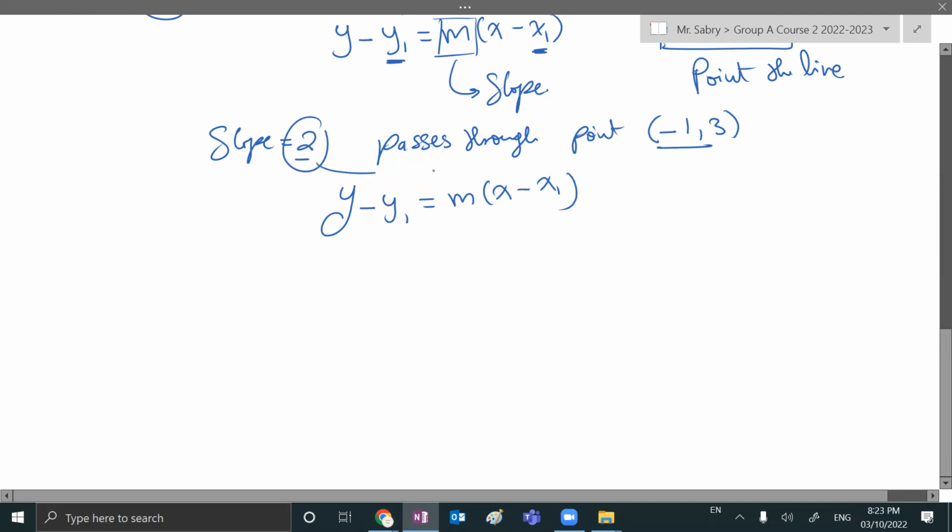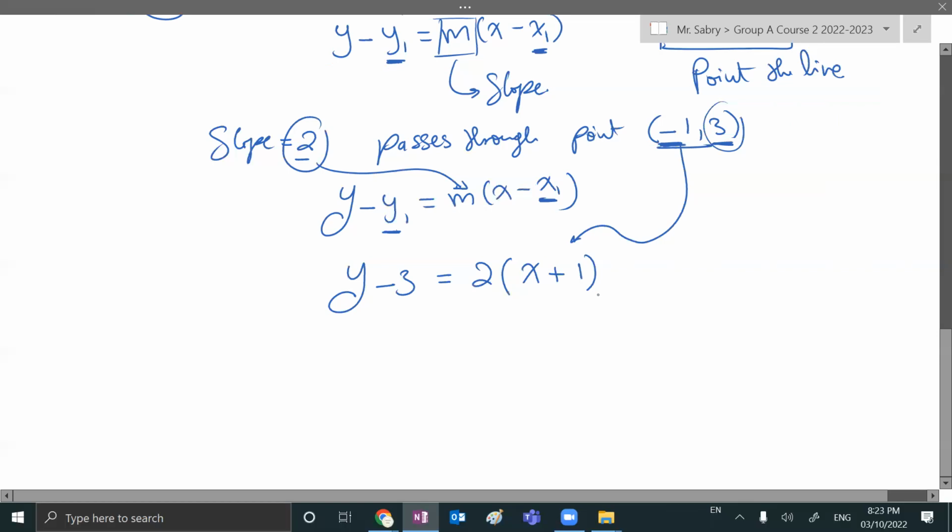You should put the slope instead of the m. And you should put this x and this y instead of x1 and y1, but with the opposite signs. So it should be y minus 3, which is this y here, equals the slope, which is 2, and then x, and this number with the opposite sign, which is +1.